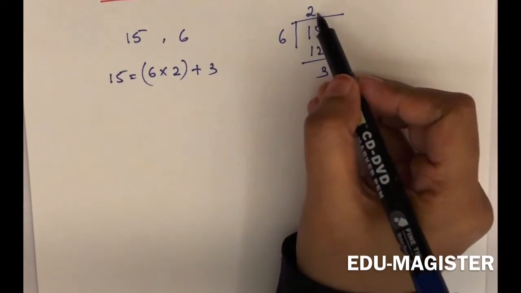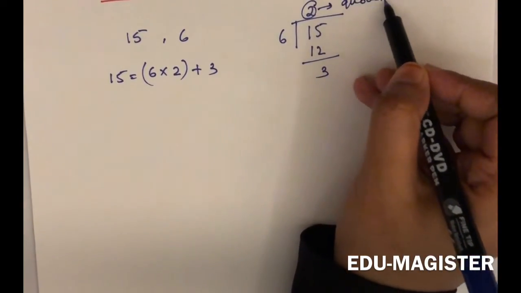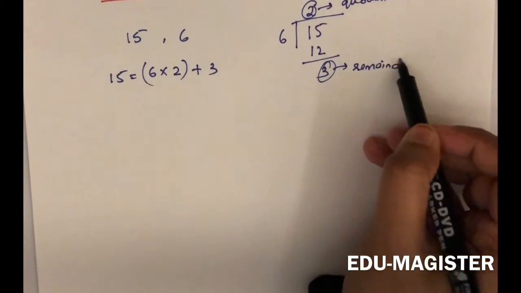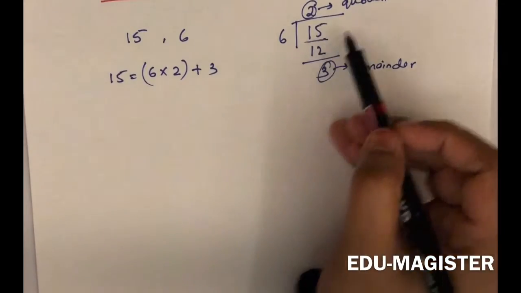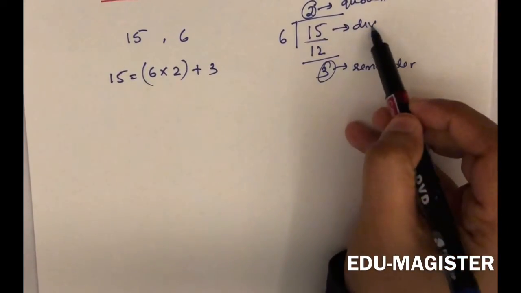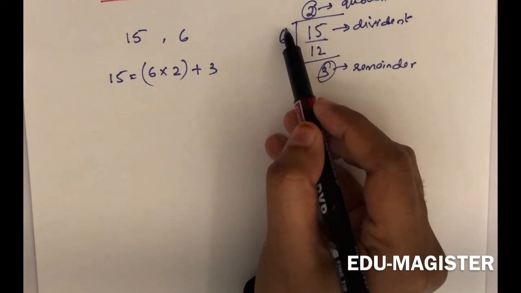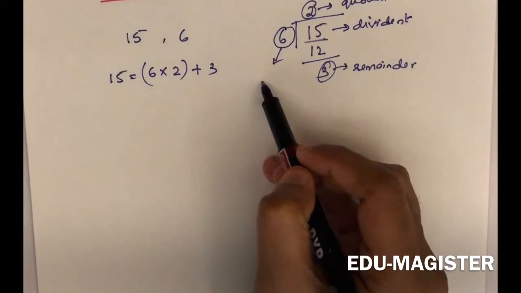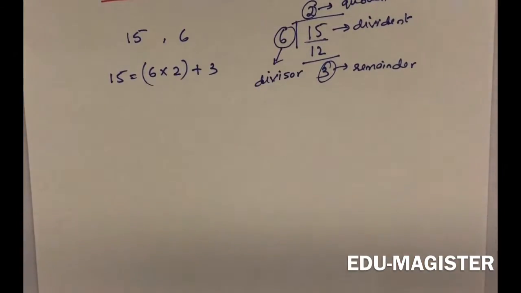So you already know here 2 is called the quotient, 3 is the remainder, and we know this number 15 is the dividend, and the number with which we are dividing is the divisor, right?